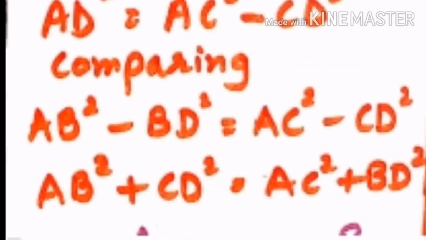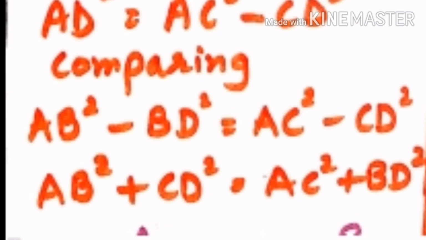Now why we are doing so? Because as per what we want to prove, we need our answer in AB, AC, BD and CD form. So now that both results have AD square on the left hand side, we can compare the right hand sides. So by comparing, AB square minus BD square is equal to AC square minus CD square.